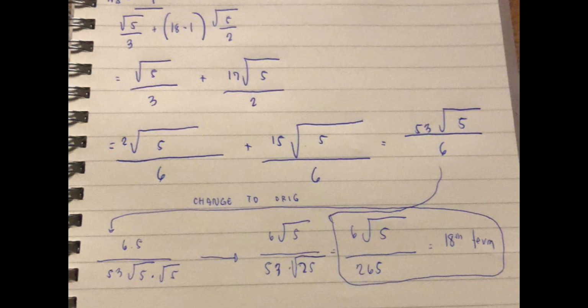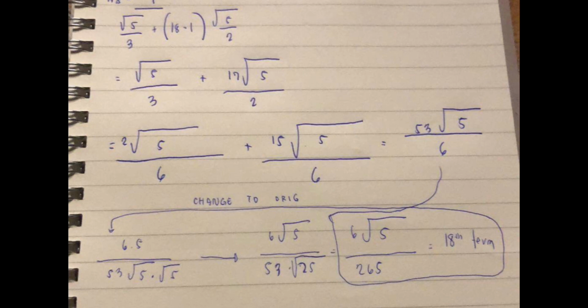So first of all, how do we add this? We're going to transform the denominator into 6, since it is the common denominator. So we multiply 3 by 2, since that's how we're going to get 6.